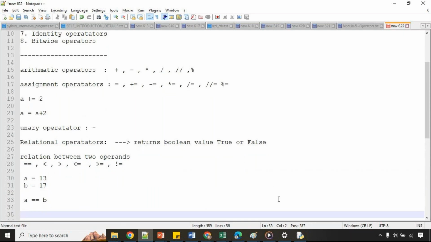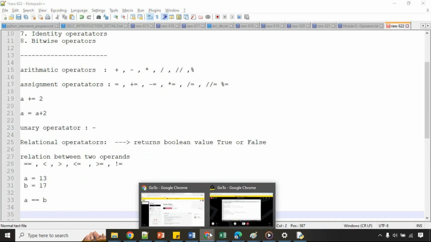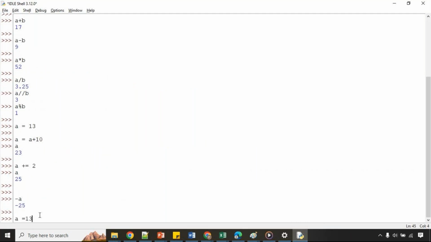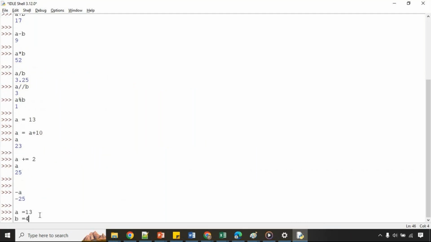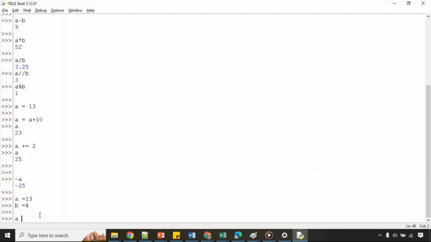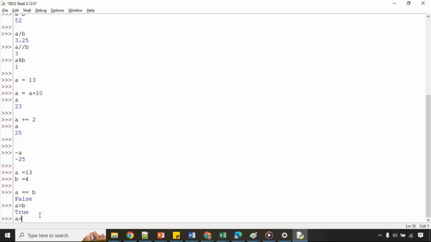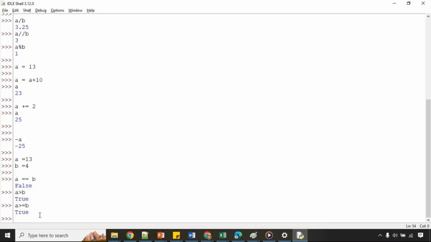Observe here. A equal to 13, B equal to 4. A equal to B is false. A is greater than B is true. A is greater than or equal to B is true.